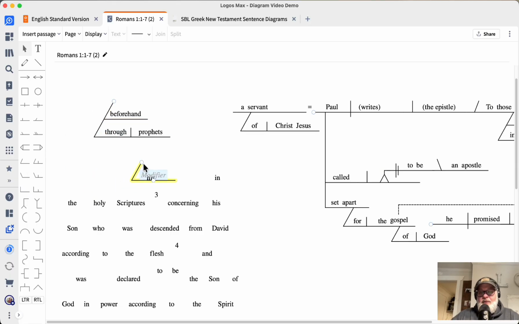If you don't remember the questions, when it's modifying an adjective, it's going to answer whose, which one, what kind, and how many. And if it's an adverb, it's going to answer when, where, why, how, and to what extent. So this tells us when, beforehand; tells us how, through the prophets; and it tells us where, in the Holy Scriptures.